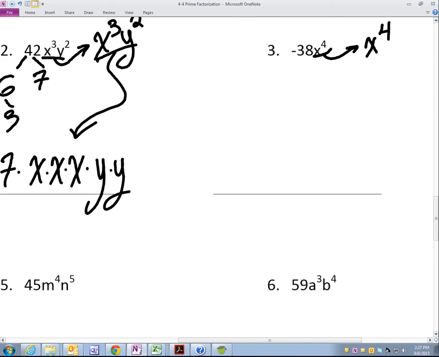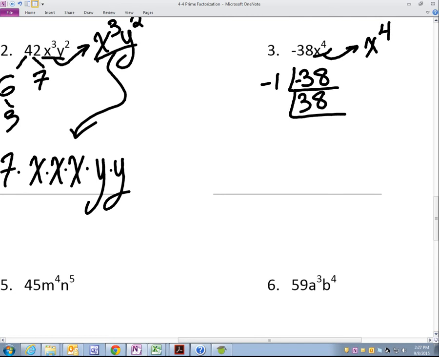Okay? So we kicked x to the fourth out. I'm going to use the box method. Please stop tapping or clicking your pen, whatever it is. I'm going to pull out -1. There's 38. What's a prime number that goes into 38? 3 plus 8 is what? 11. Is that divisible by 3?